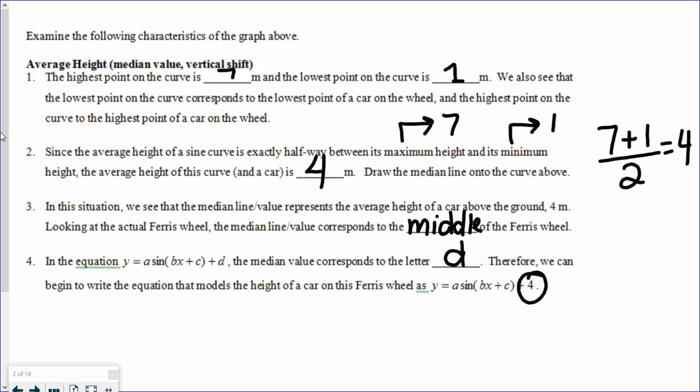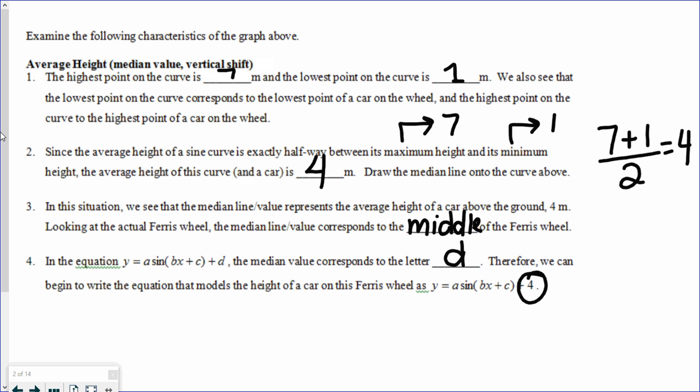So part 4 there under amplitude, in the equation y equals a times the sine of bx plus c, plus d, the amplitude corresponds to the letter a. Again, we found that in the last lesson. Therefore, we can add to the equation that models the height of the car on a Ferris wheel as y equals 3 times the sine of bx plus c, plus 4.